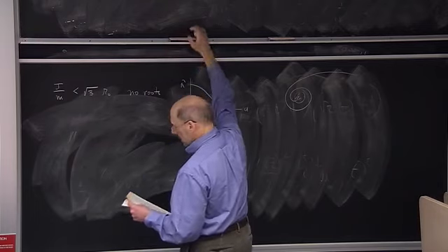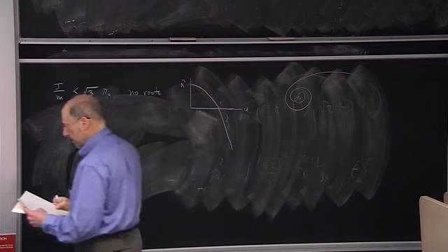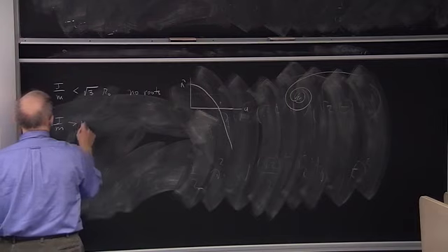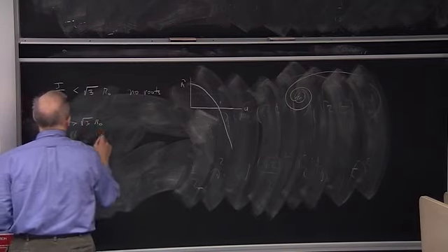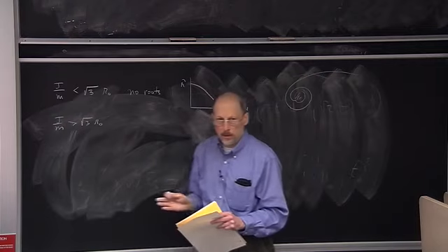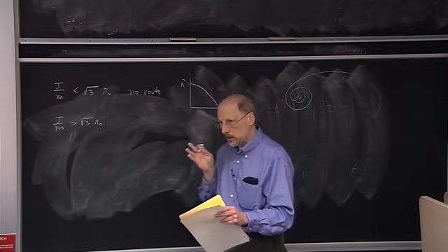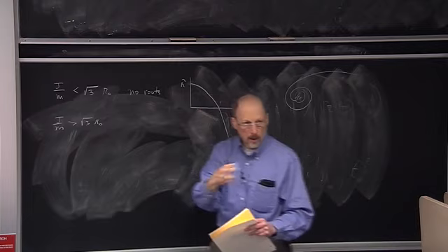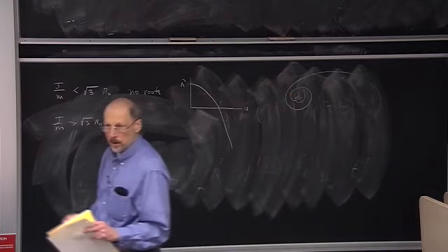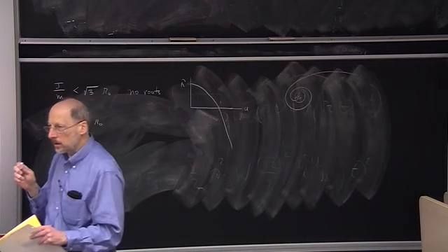The second case is the opposite, that J over m is greater than the square root of 3 times R naught. The reason you fell into the sun in the first case is that J was small. You didn't have enough angular momentum. You're almost falling radially, and it wasn't enough. So that's unlike, of course, Newtonian gravity, where there'll always be some.